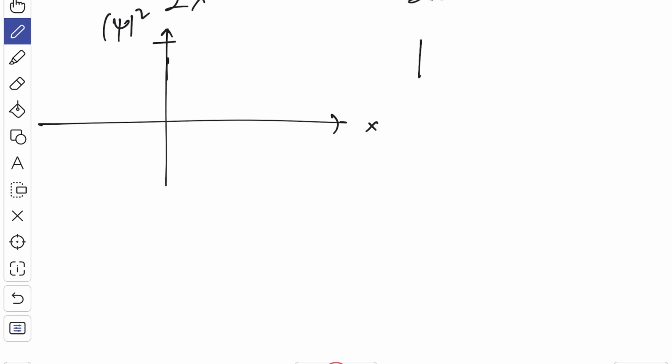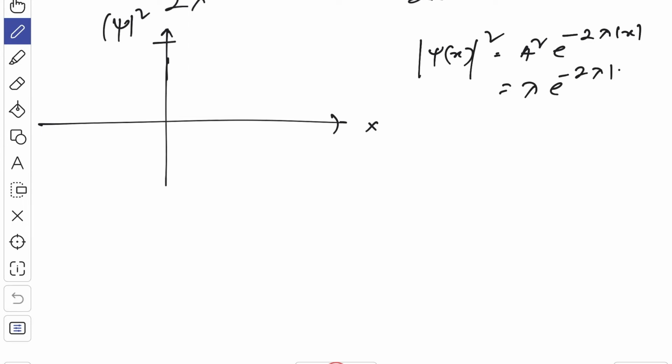Now you see we have got mod of psi x whole square, that's equal to a square e to the power minus 2 pi mod of x. How that happens, I have already explained, and a square is lambda here, e to the power minus 2 lambda, mod of x. And for plus sigma and towards minus sigma, how will it vary?